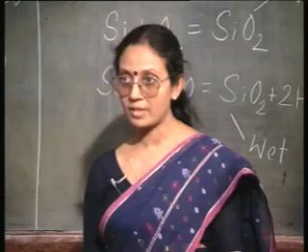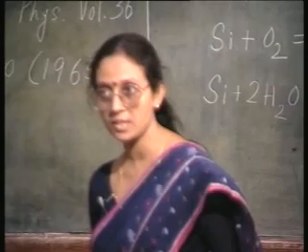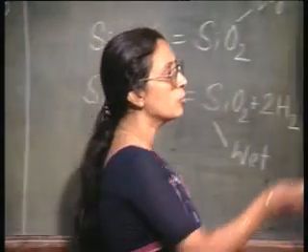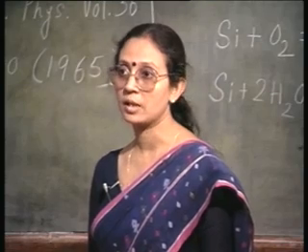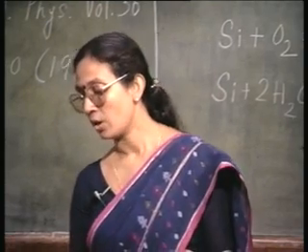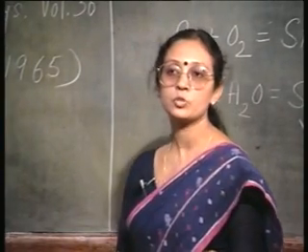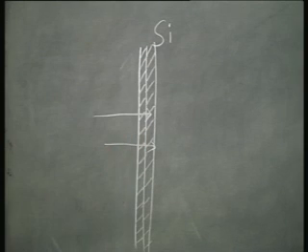By radioactive tracers, that is by using radioactive oxidizing species, it has been found that it is the movement of the oxidizing species into the silicon and not the movement of silicon out, right. So, during thermal oxidation process, the oxidizing species move inside, move through the oxide layer and reacts with the silicon at this interface.